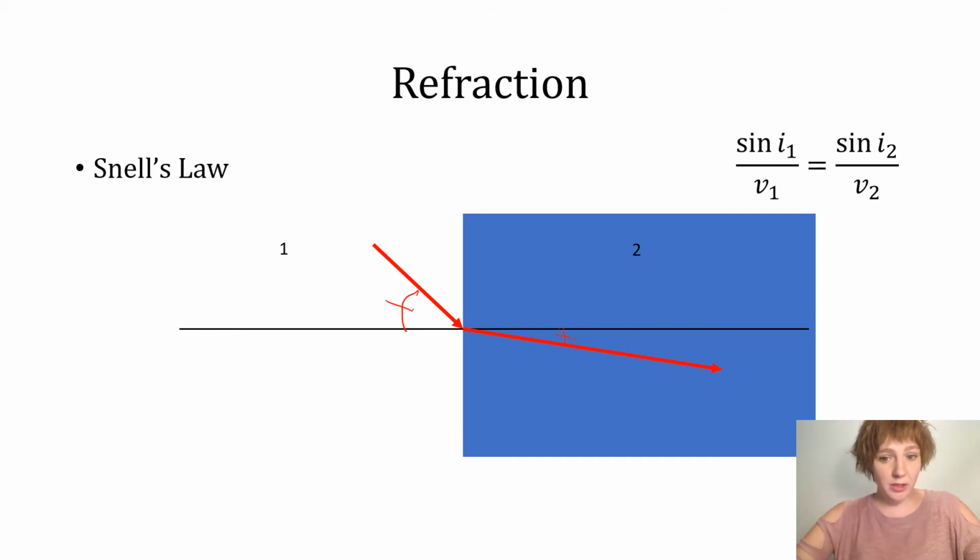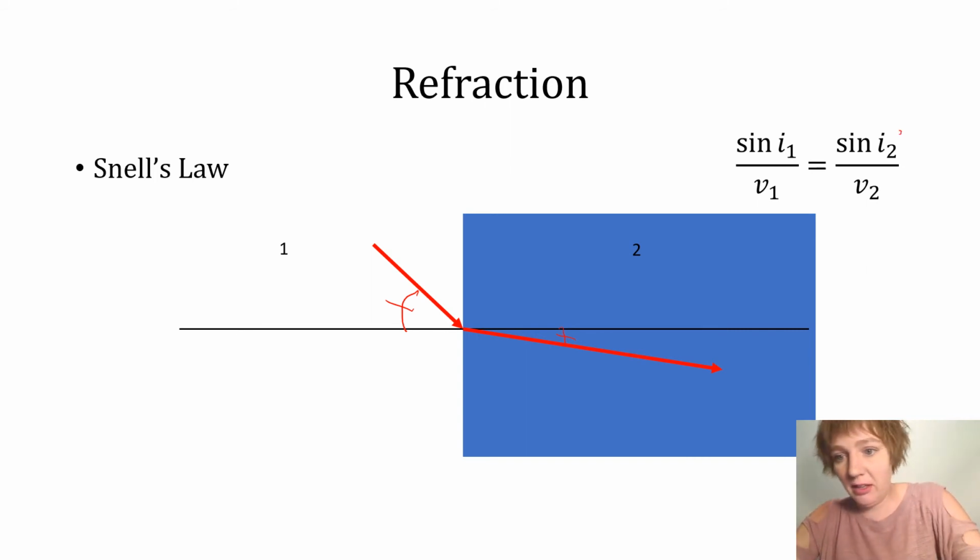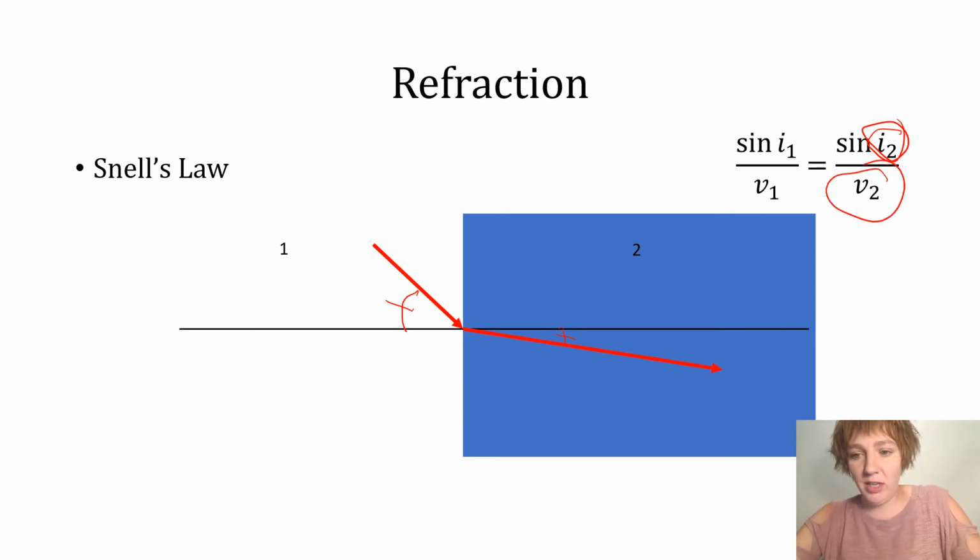It bent towards the normal, and so that means that this angle got smaller, and that means this must also have gotten smaller. So in this case, material 2 must represent the slower material.